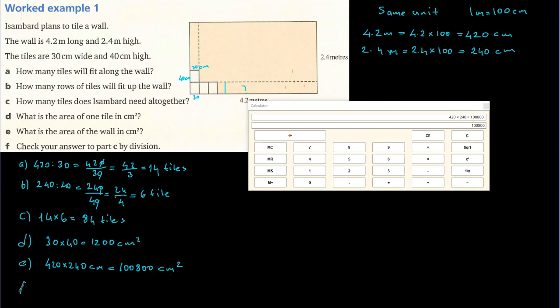And for the last one, check your answer to part C with division.